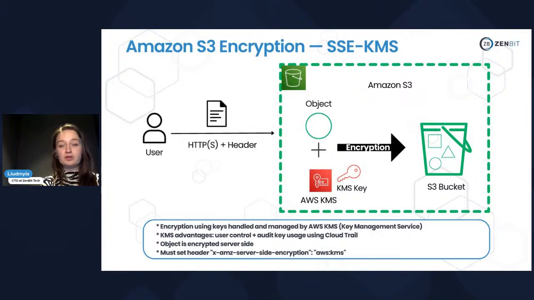Object is encrypted on the server side, and you need to send a specific header, and this is different from the previous example. So again, x-amz-server-side-encryption, but here you need to write aws:kms and then the specific key which you want to use for encryption.